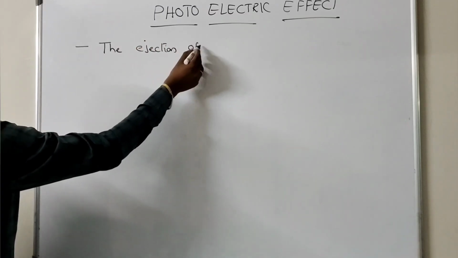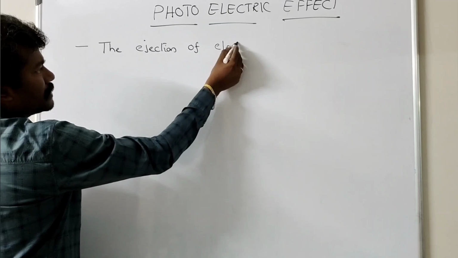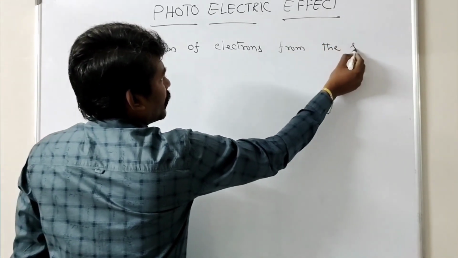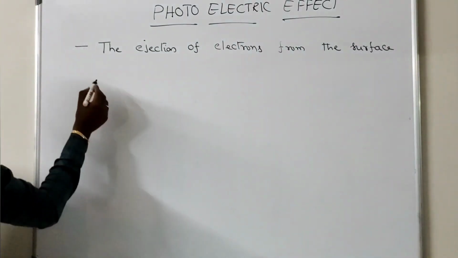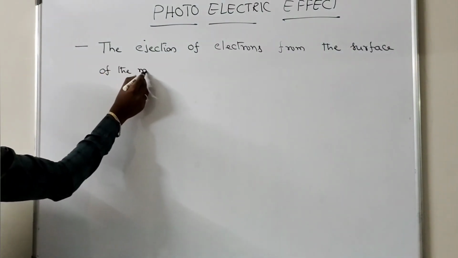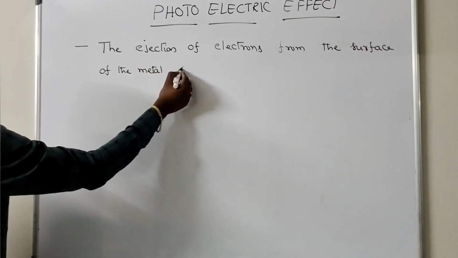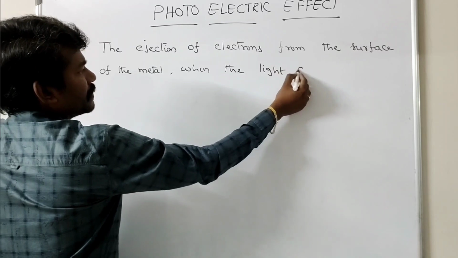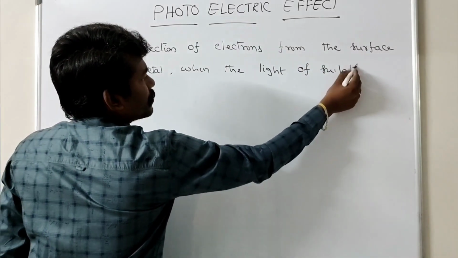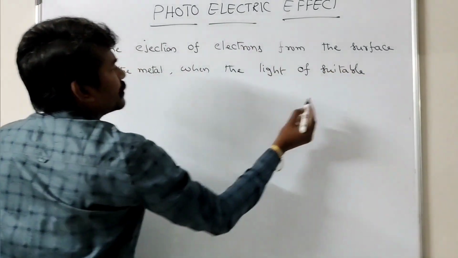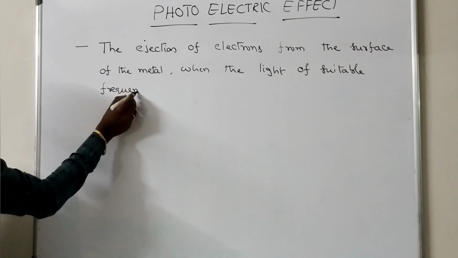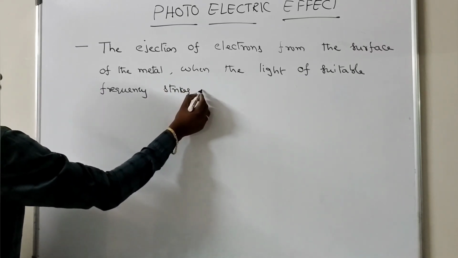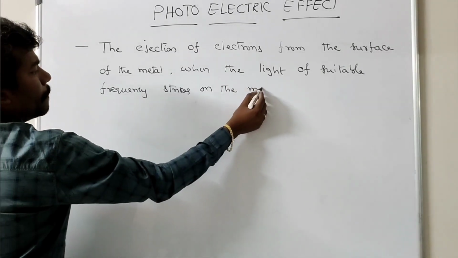the ejection of electrons from the surface of the metal when the light of suitable frequency strikes or is incident on the metal surface.